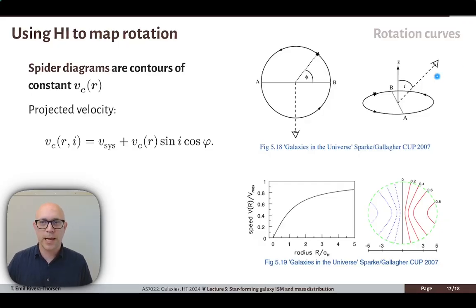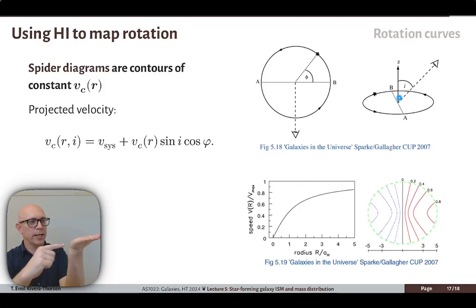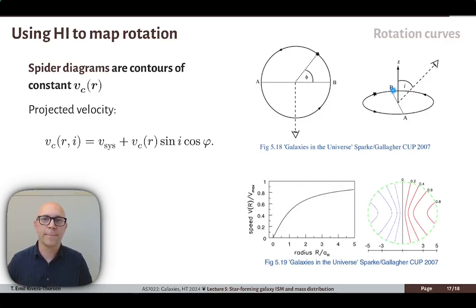First off, the galaxy is seen at a certain inclination, right? We are not looking at it completely face on. We're not looking at it completely edge on either. We're looking at it at some angle. And that angle is called the inclination angle i. But also, wherever we're looking at a point, we're only looking at the component of its velocity which is along our line of sight.